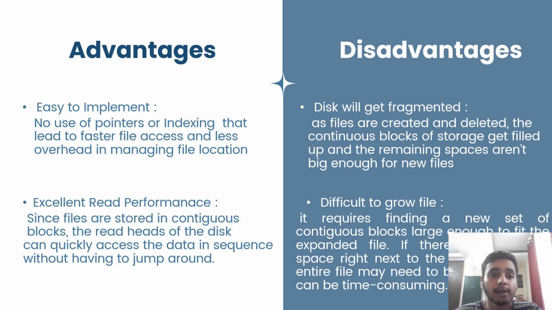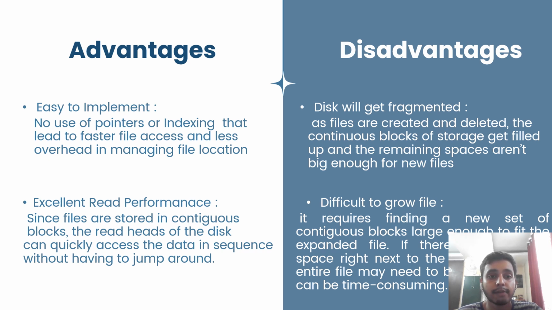Suppose a file starts from 0 and is of length 2, so blocks 0 and 1 will get allotted to the first file. And if a new file comes that starts from 2 and is of length 4, it will take the space 2, 3, 4, and 5.